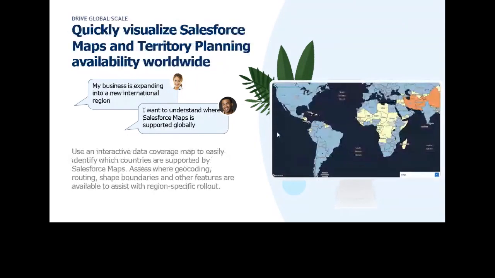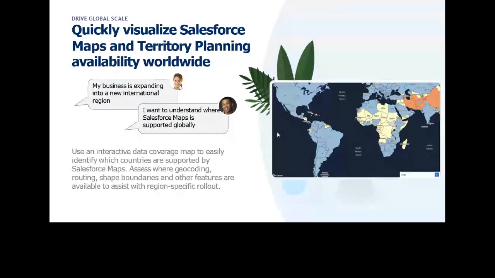Another thing which is coming in is the globalization of Salesforce Maps. So now territory planning will not only be confined to your particular state or the country that you're coming from, but it'll come from the entire world where your reps are present, right? You can use an interactive data coverage map to easily identify which countries are supported by Salesforce Maps, because at present not all countries are supported.